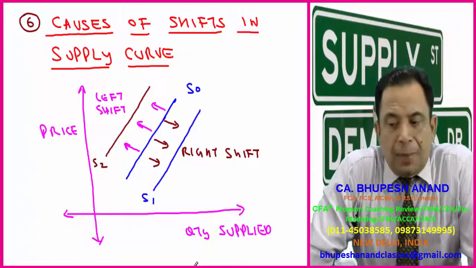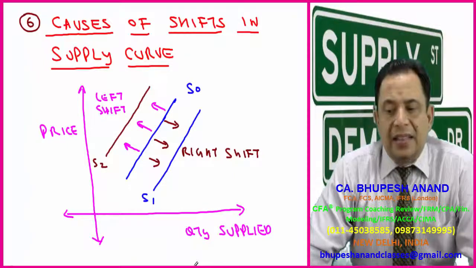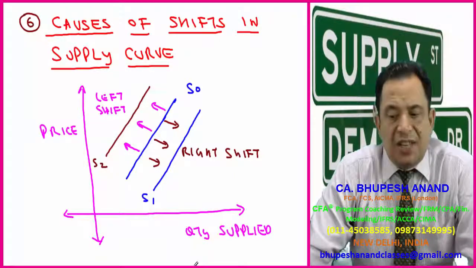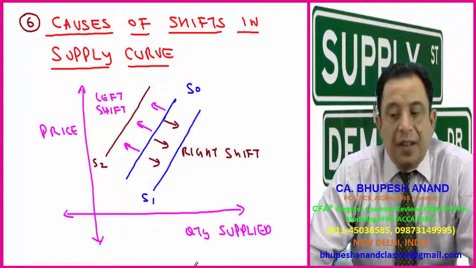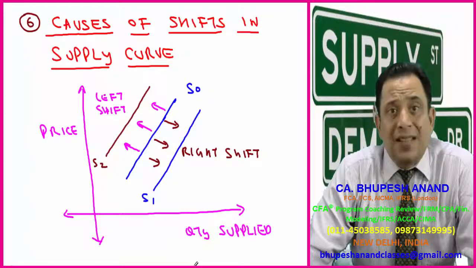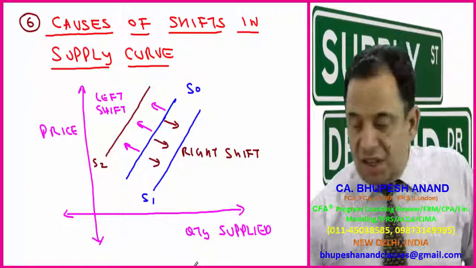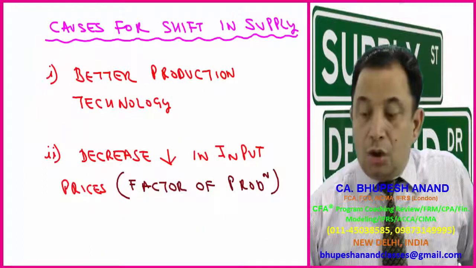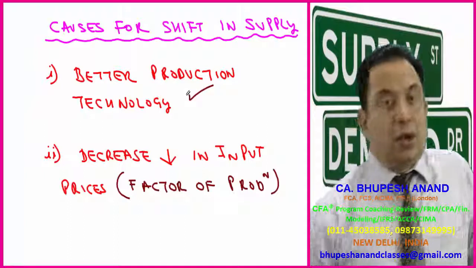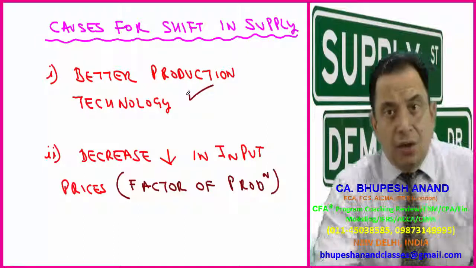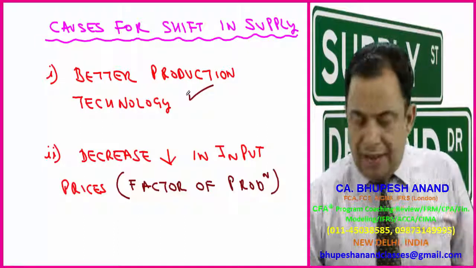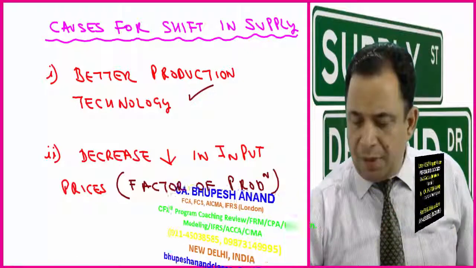S0 is the original supply curve, S1 is the right shift, S2 is the left shift. Here we are assuming that price is the same, but due to cost of production factors, there is a shift. So the causes for shift: better production technology, or an increase or decrease in the raw material cost, as the case may be.